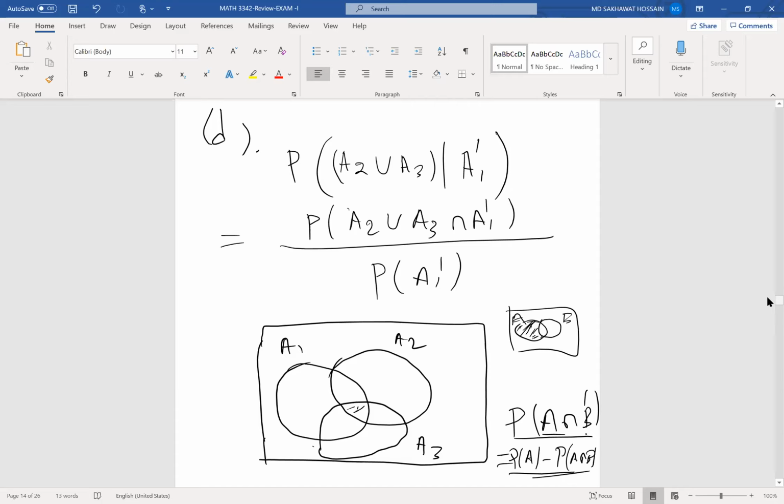Now we can consider this as a single event, A2 union A3. So we have A2 union A3 intersection A1 complement. Let's calculate this one first.